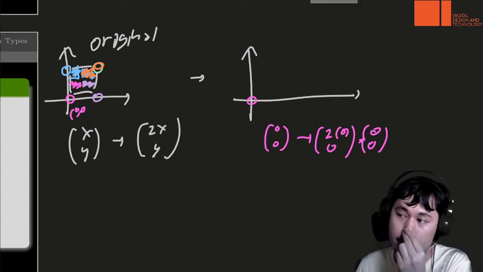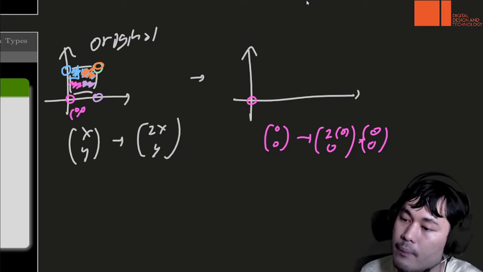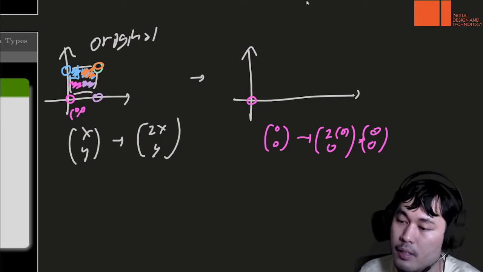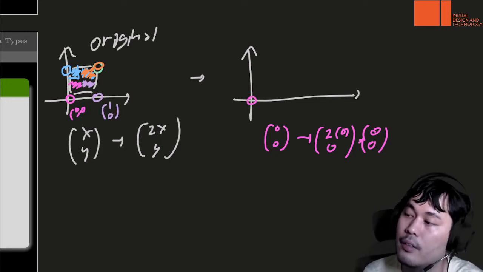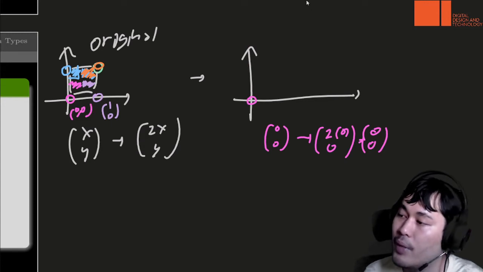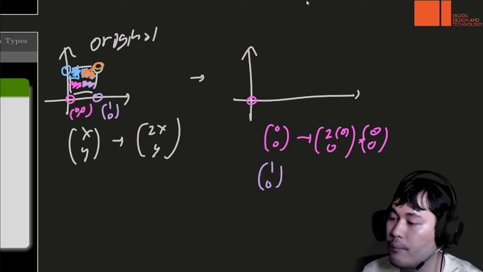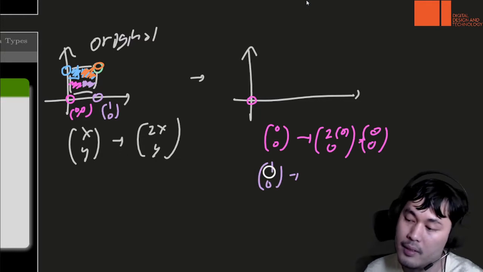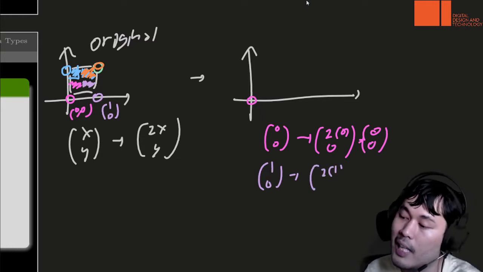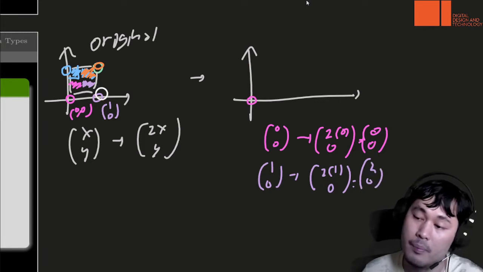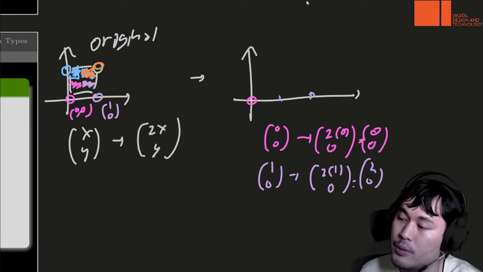Next we have this purple point. This is point 1, 0, or the vector 1, 0. What happens to this purple point? You multiply the top by 2, so we get 2 times 1, then 0, which is 2 and 0. This point gets mapped to this point.